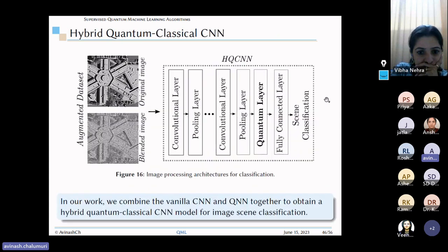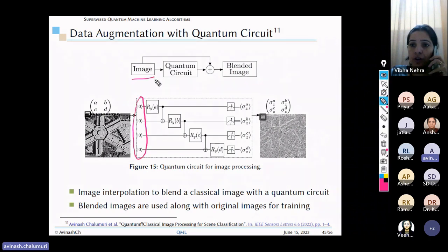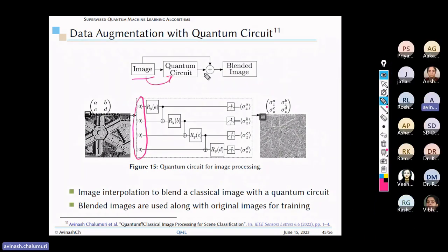So coming to that, this is the hybrid approach that we followed. Specifically, we took an image, passed it through a quantum circuit, and then we added the image obtained after quantum processing to the original image.